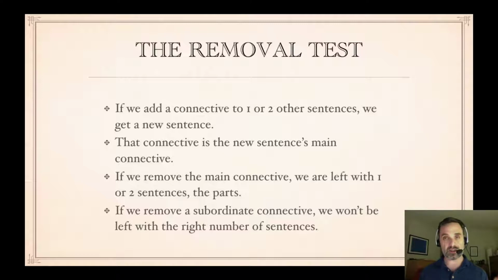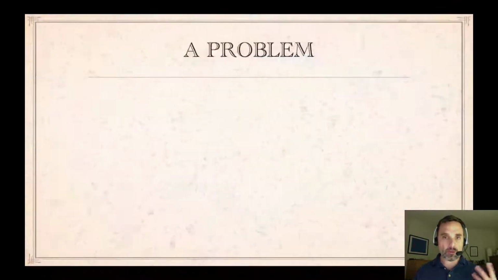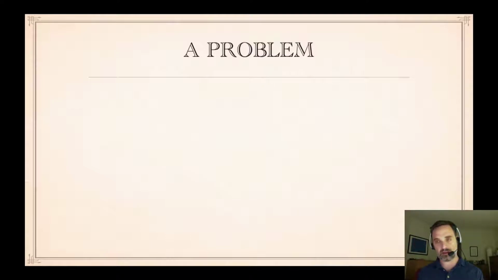So that's the removal test. How we tell: is this the main connective? Well, when we remove it, if we're left with the right number of parts, it is the main connective, and if we're left with the wrong number of parts, it's not the main connective. Okay. So there's a problem with the main connective and sentences of English.